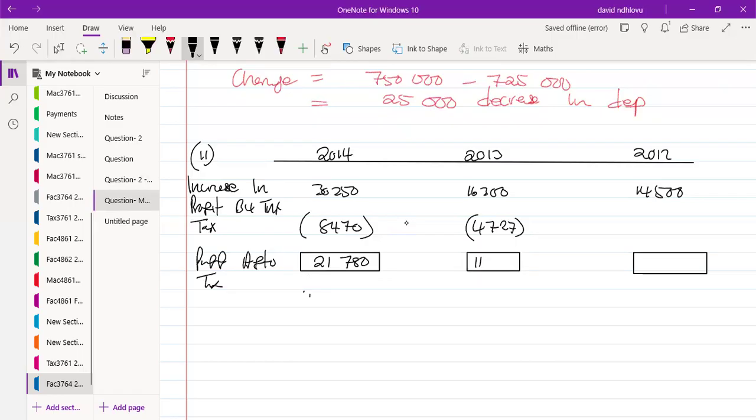Then we are going to have 11,573. 14,500 times 0.29. Right, then we get 4205. From the 14,500, then we are looking at 10,295. So when we look at the closing inventories only, this is the impact in terms of profitability.